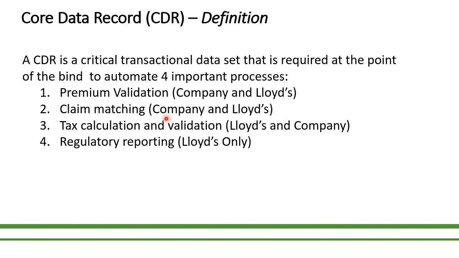Otherwise, this step takes a lot of time in a manual world. The fourth important point is that the CDR will help to enable tax certainty by bringing overall clarity to the process, which will further reduce the friction and the premium processing time. So the tax calculation and validation is very important.